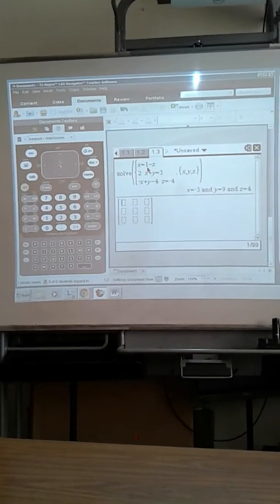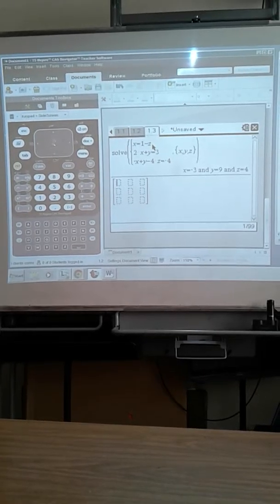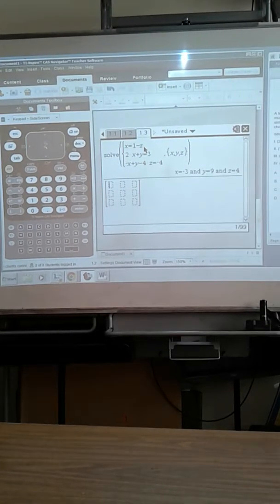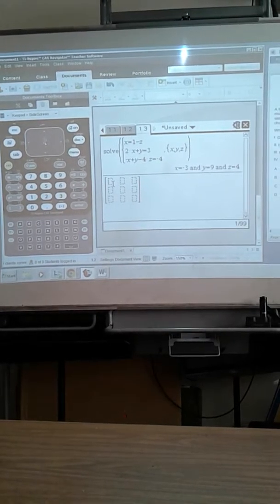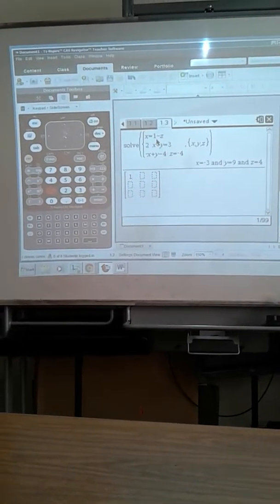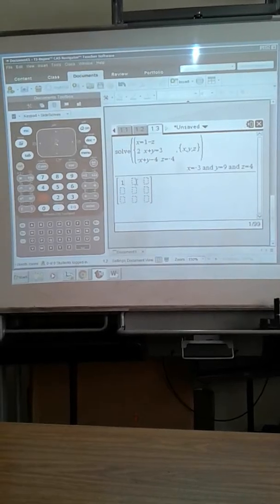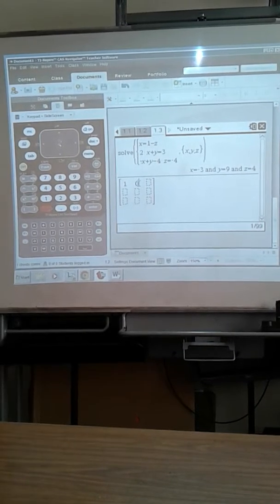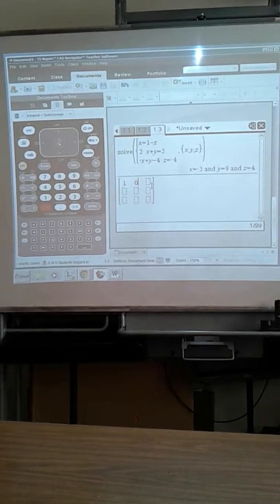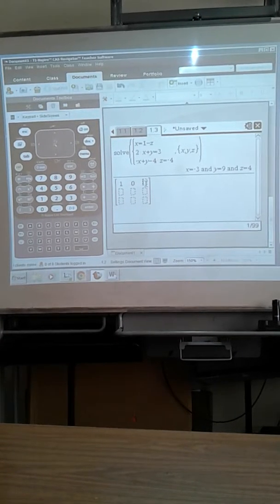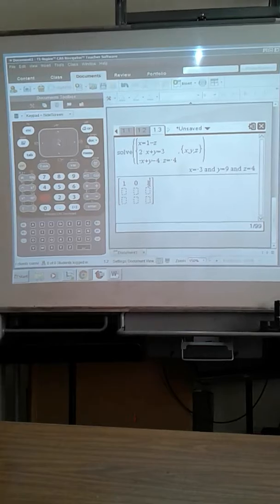Now, looking at your original problem, if you bring everything over to one side of the equal sign, you know your x value is 1. You don't have a y value, so that's going to be 0. If you bring this negative z to the left-hand side, it's going to turn positive, so your coefficient is 1.